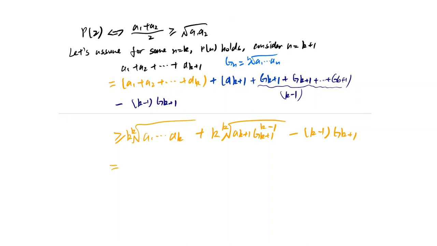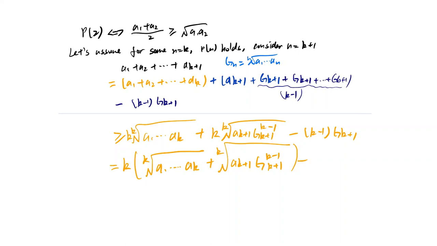And we can take the common factor out. We will have k times a1 over 2 ak plus this kth root of a_{k+1} g_{k+1}^{k-1} plus 1, minus k minus 1 times g_{k+1}.